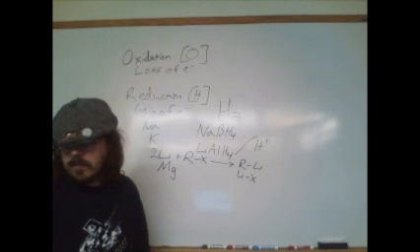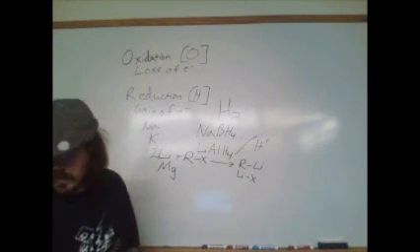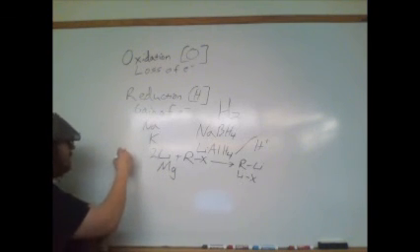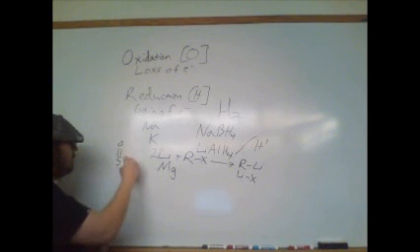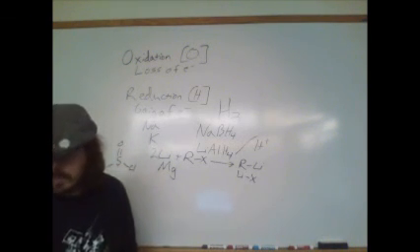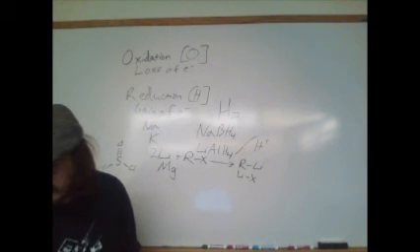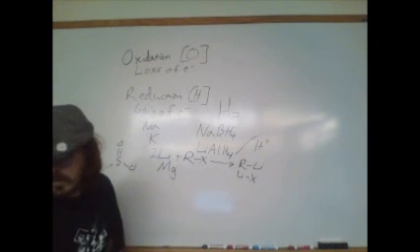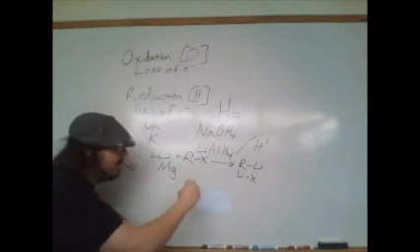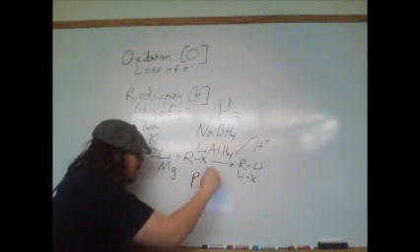A common reductant is SOCl2. This guy is going to accept some of these bonds. We have PBr3.